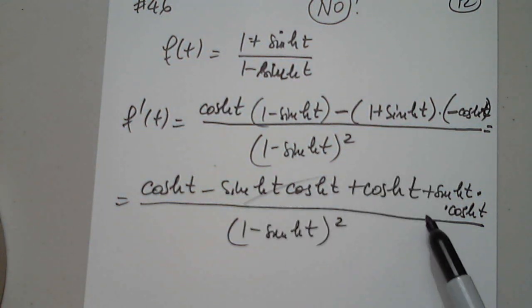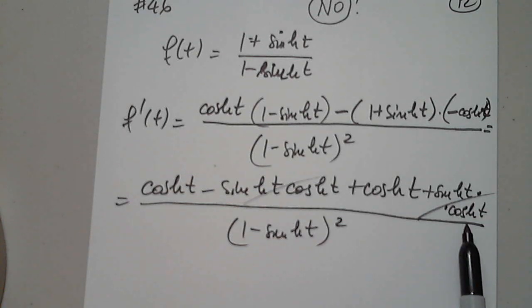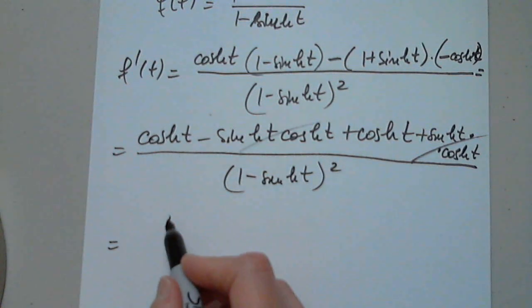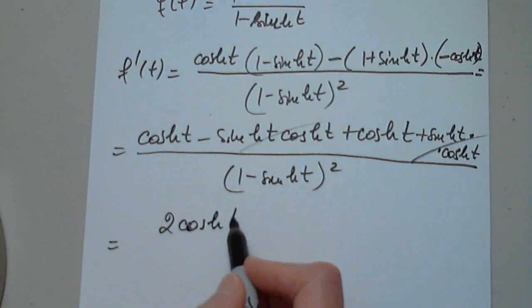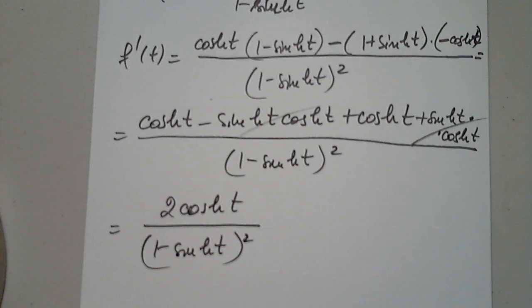Luckily, negative sine cosine, positive sine cosine. So the numerator is 2 hyperbolic cosine t over 1 minus hyperbolic sine t squared. And that's it.